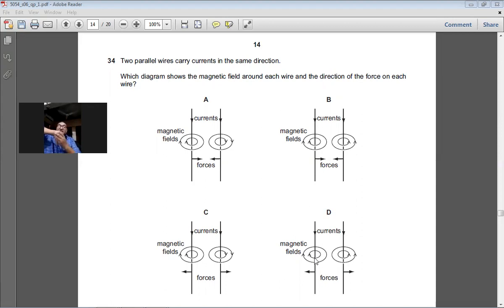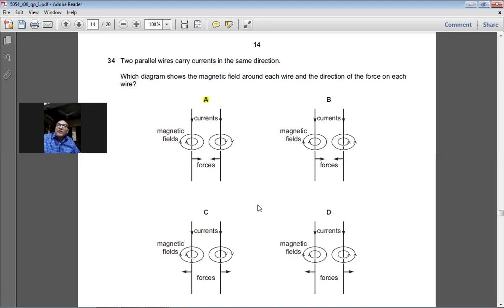My curls are telling me that the direction of the magnetic field will be clockwise. So in both of them, it should be clockwise. So B cannot be the answer here. The direction of the magnetic field is anti-clockwise, so it's rejected. So A is the right answer.